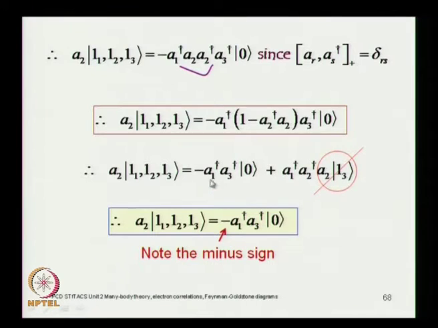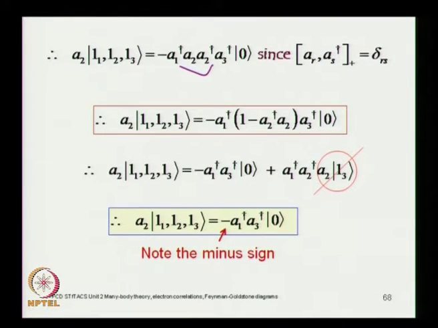So, this second term vanishes and you are left with only the first term. When you try to destroy electron number 2 in a 3 electron system, and you are destroying the one in the second state, the result is you are left with a state in which you have got electrons in state number 1 and state number 3, but now you have picked up a minus sign.